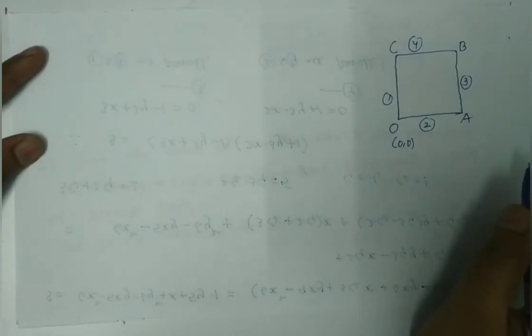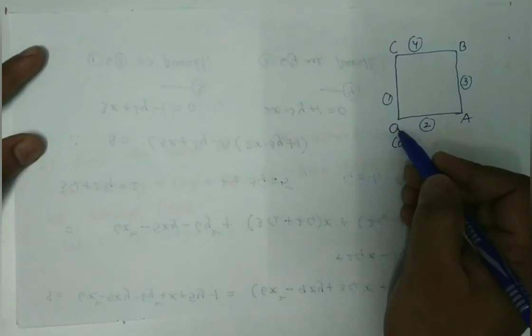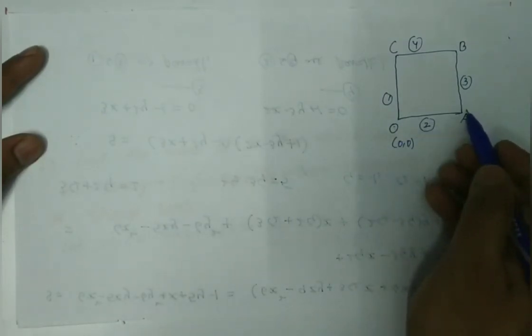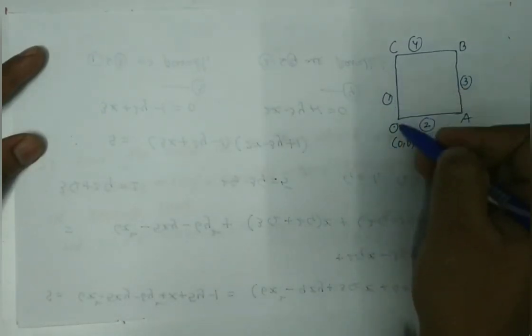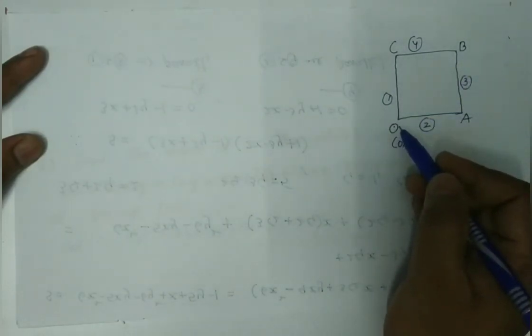Next we have to show that the perpendicular distance from the origin to straight line 4 is the same as the perpendicular distance from the origin to straight line 3.